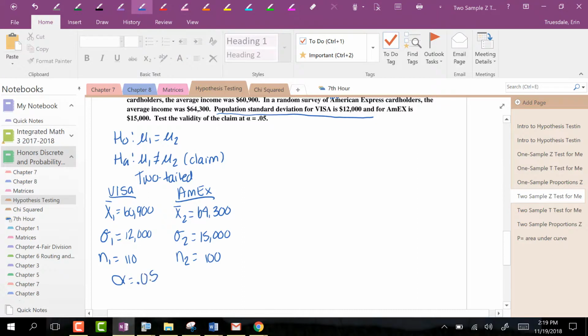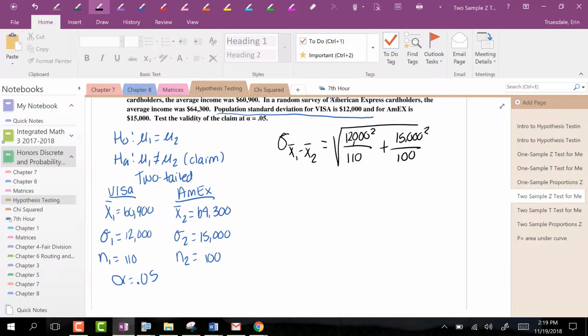First, you have to find that standard deviation between the means. So I'm going to plug in that 12,000 squared divided by 110 plus 15,000, and then take the square root of that. If you want to practice typing it in your calculator, go ahead and get your calculators out and try that.